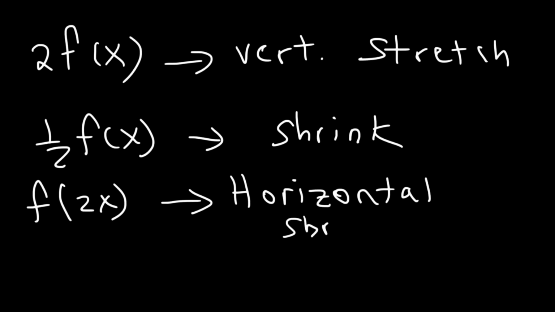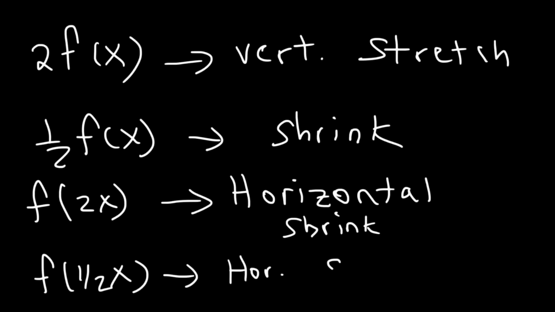So be careful with that one. And if we put a 1/2 on the inside, this is going to be a horizontal stretch. So those are some things that you want to keep in mind in terms of transformations.